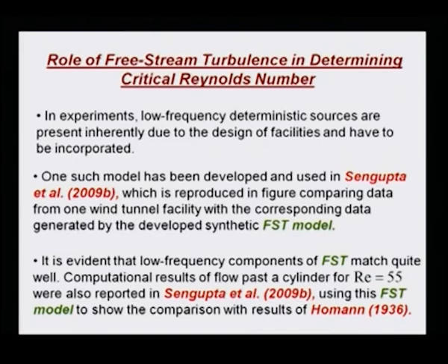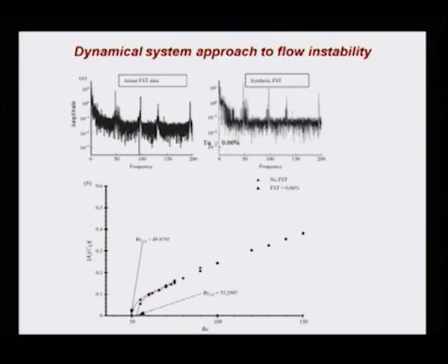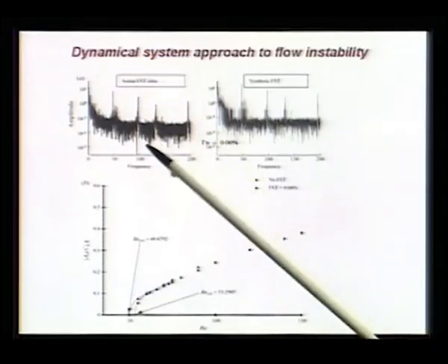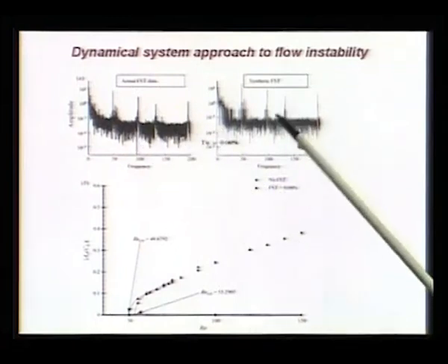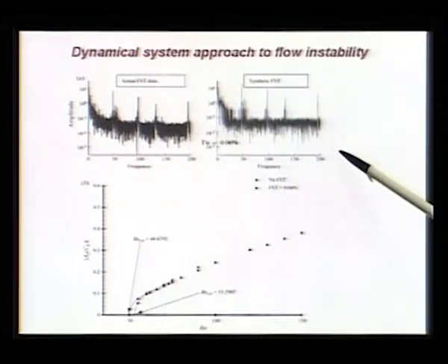This is the model that we have created, and we have computed this flow field using that. And this is how it looks. If I go to the tunnel and measure the free stream turbulence, this is how it is going to look. So, this is your experimental FST data, and this is what we synthesize. This is your synthetic free stream turbulence.